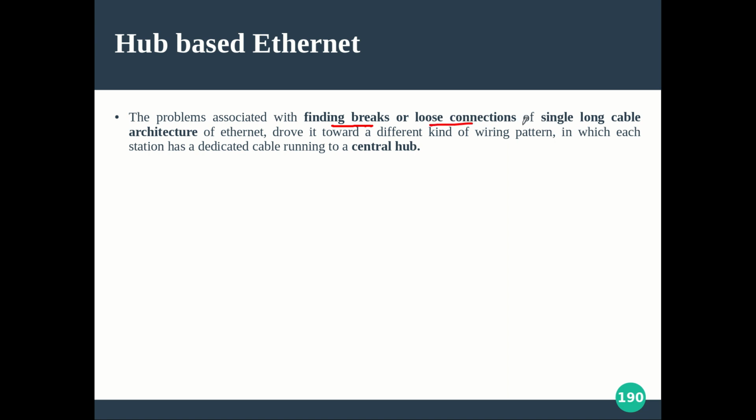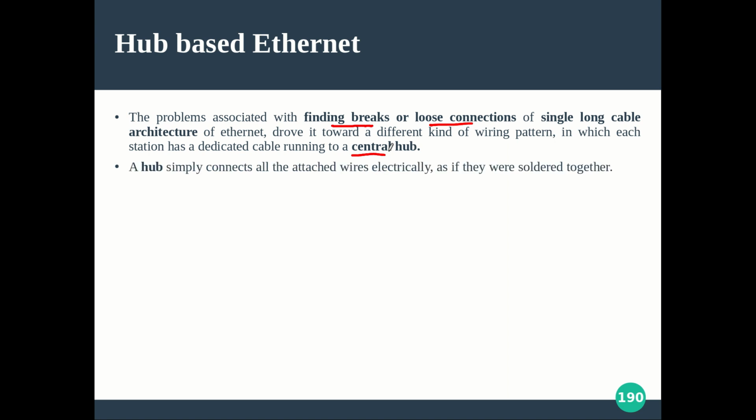If anything like that is happening, it is going to affect the entire system. And what about the troubleshooting part? To tackle this, people started thinking of a different topology, a hub-based topology, where all devices are connected to a central hub, looking like a star topology.